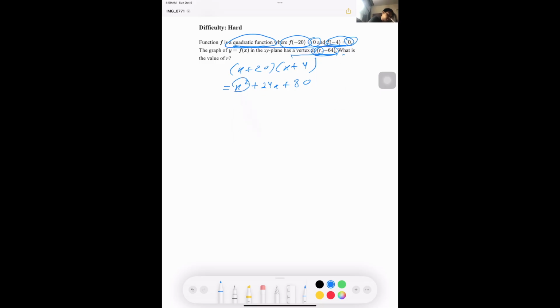So r squared plus 24r plus 80 is equal to minus 64, or just solve this, r squared plus 24r plus 144 equals 0. So it's x plus 12 whole square equal to 0, therefore x equals minus 12. So that should be your solution.